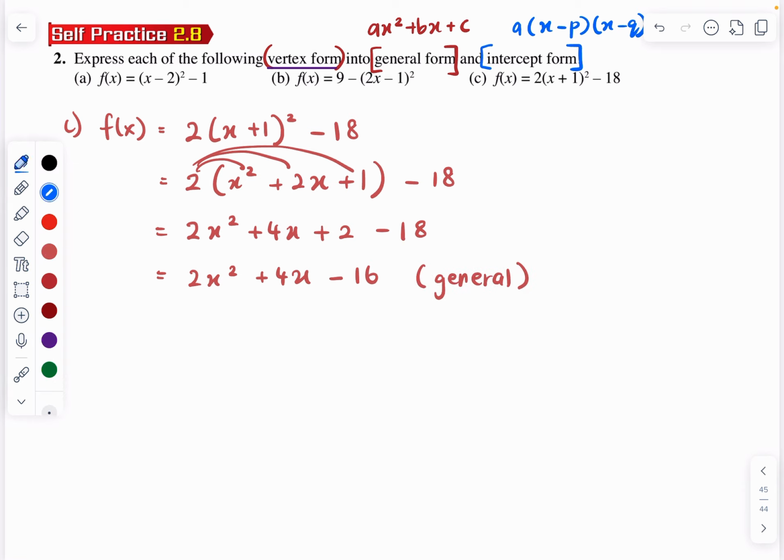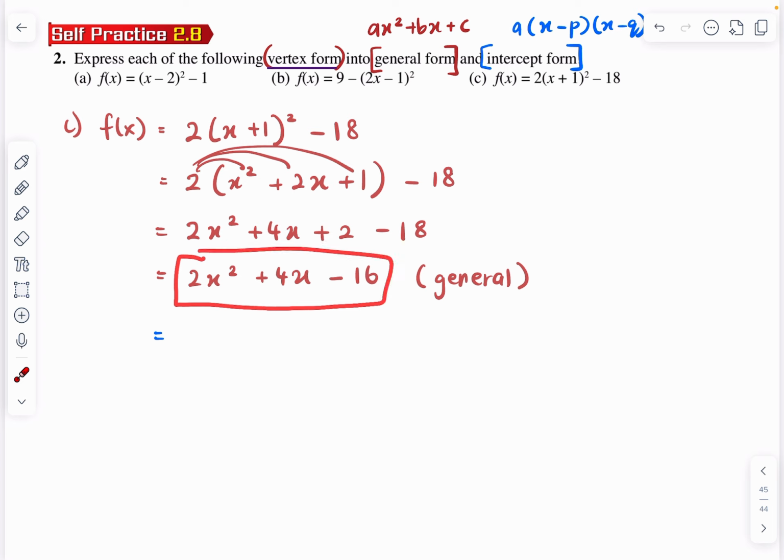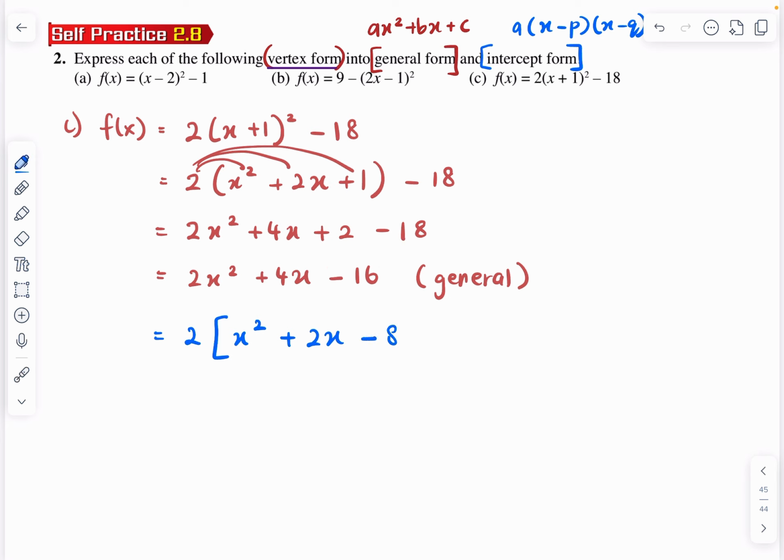Okay, now we are not messing up the colors. So now this whole equation can be divided by 2. So we factor the 2 out. We'll be left with x². 4x divided by 2 will be 2x. Negative 16 divided by 2 will be negative 8. Then we factorize this.